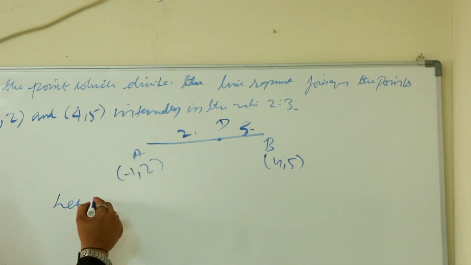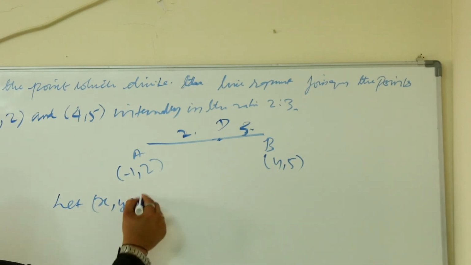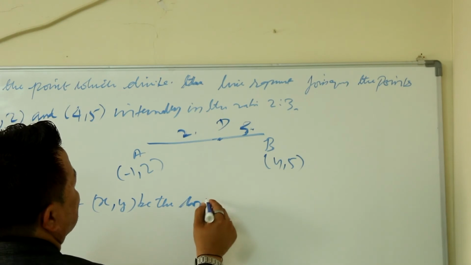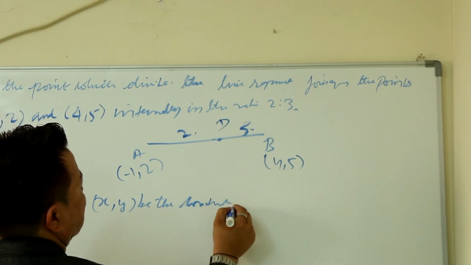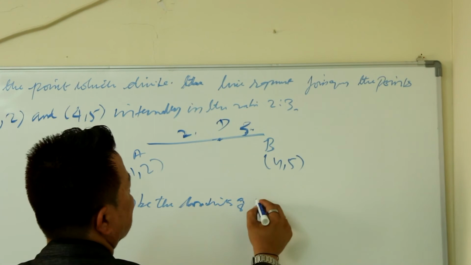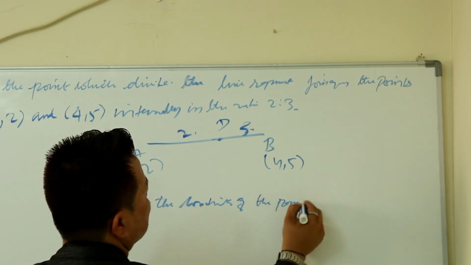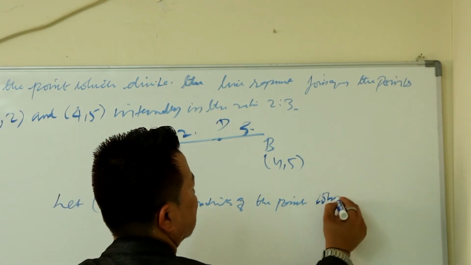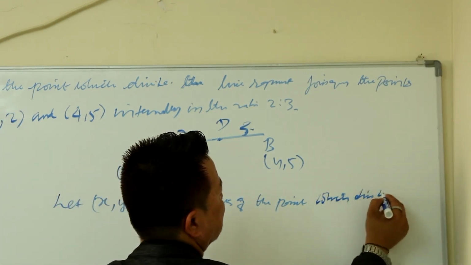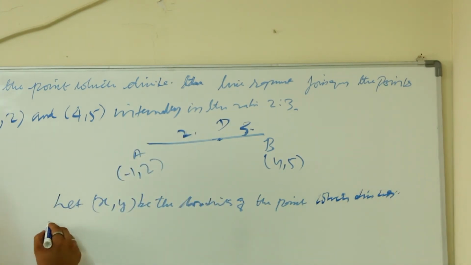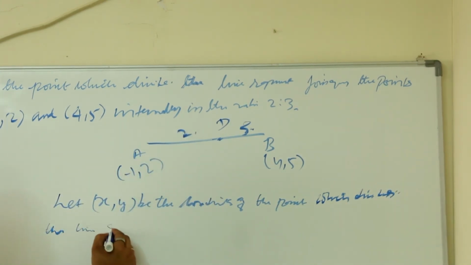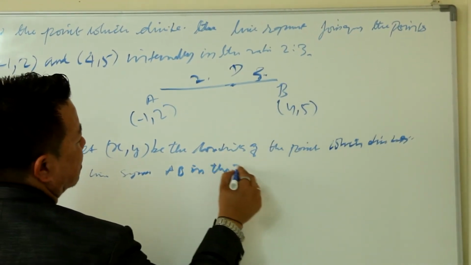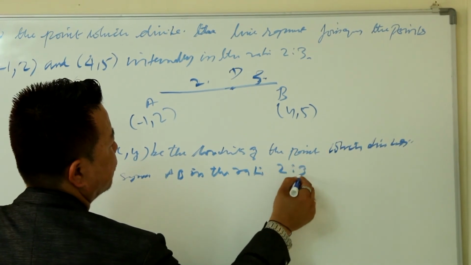So simple, the formula. Let x, y be the coordinates of the point which divides the line segment AB in the ratio 2:3.